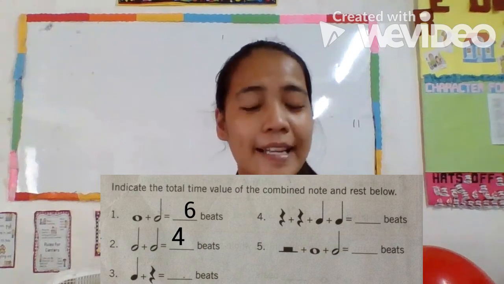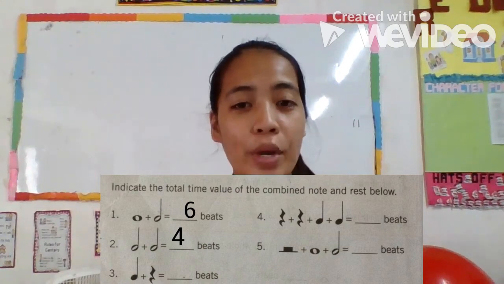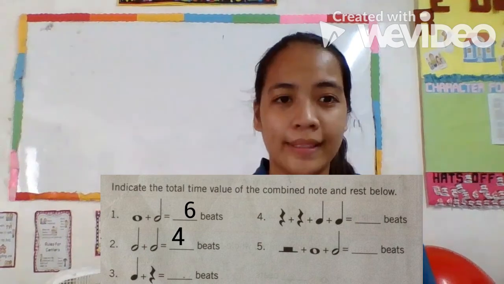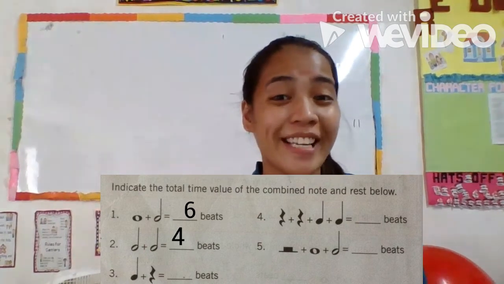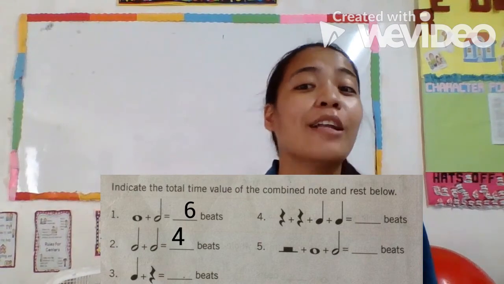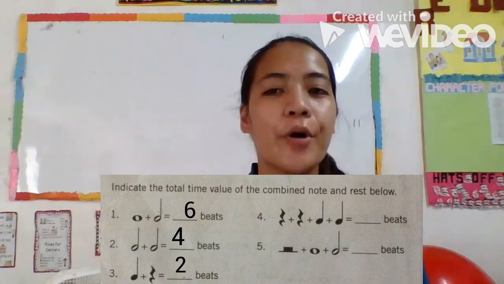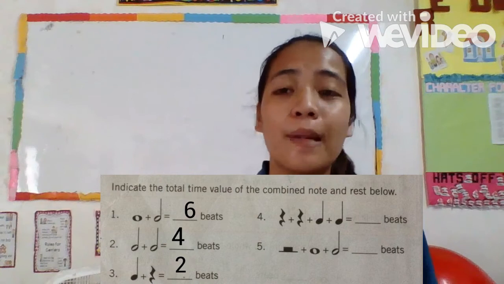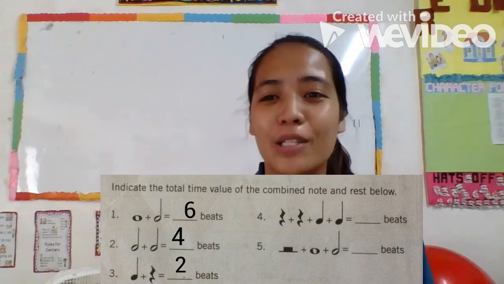Next, we have quarter note plus quarter rest equals, quarter note 1 plus 1 equals 2 beats.